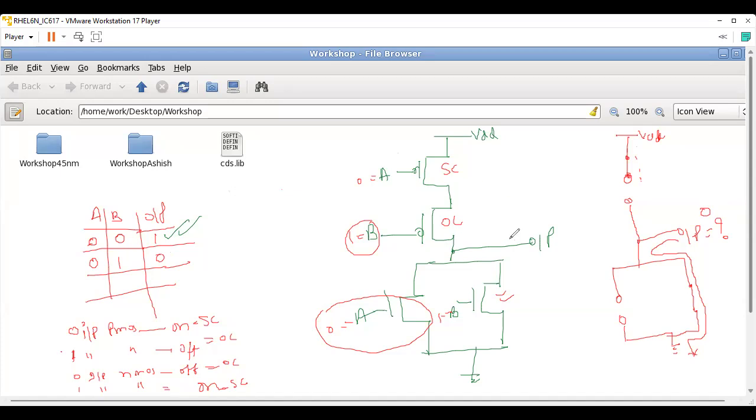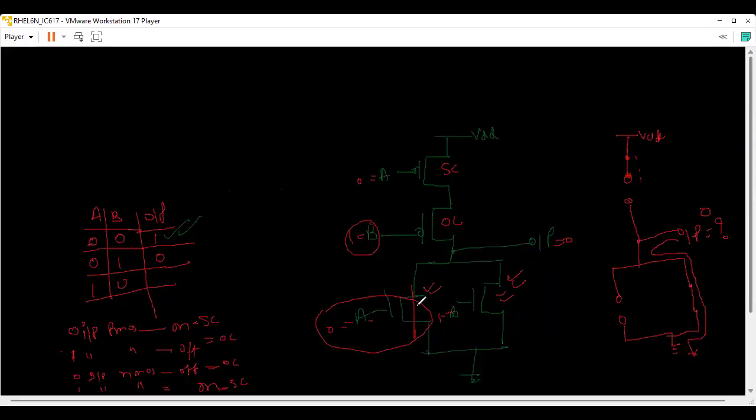Okay. So because either this is short or this transistor is short, in both cases, the output will be 0. So output will also be 0, in this case 1 0. Because in case of 1 0, this will be short and this will be open.